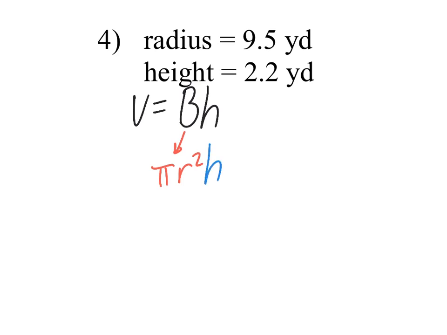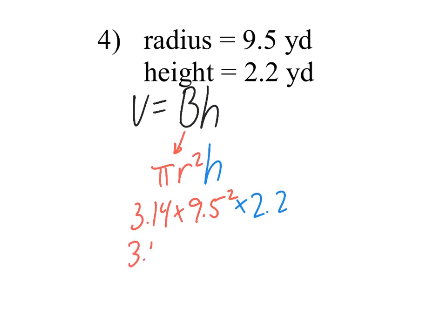So since they've already given us the radius, I'm pretty much good to plug all my numbers in. So pi is 3.14. That radius is going to be 9.5. We'll have to square it, and then times the height of 2.2. That 9.5 squared is going to be 90.25, so now I'm just going to finish filling this out.